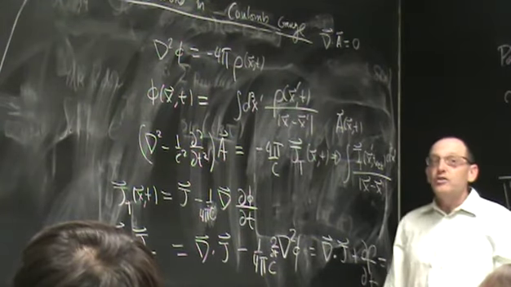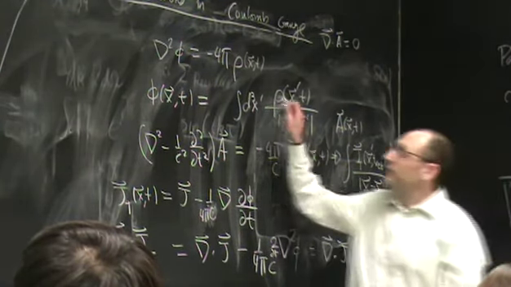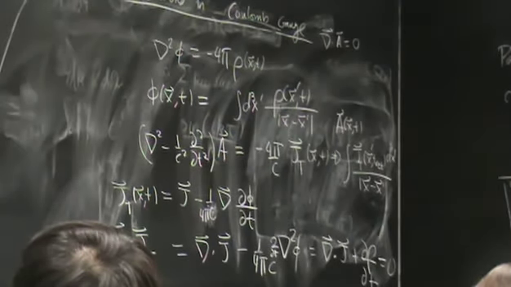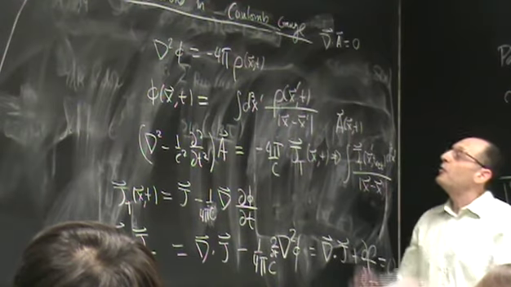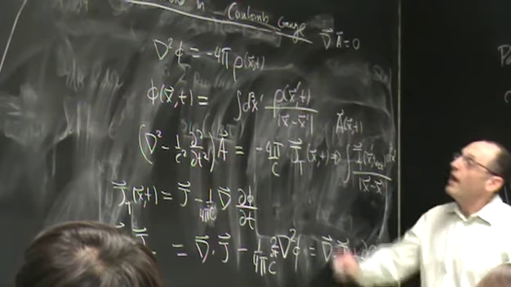Well, that's not really true. It's true in terms of what the potentials are, but it's not true in terms of what the fields are. The fields are still causal. They came from the causal Maxwell's equations, but we've broken it up in a weird way.